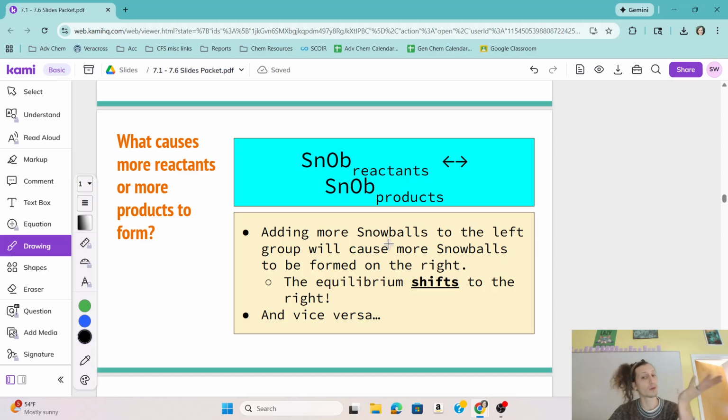When we add more snowballs, more crumpled pieces of paper, to the group on the left, that's more snowballs you can then chuck over to the right. So the equilibrium position shifts to the right, or vice versa. Another way to say this is the forward reaction is favored.